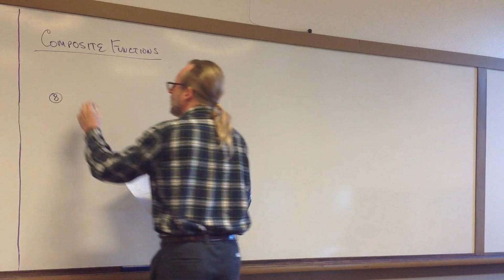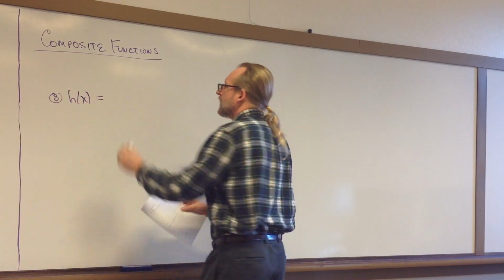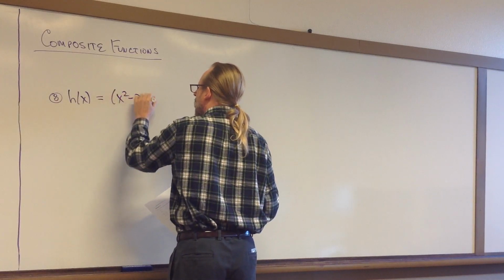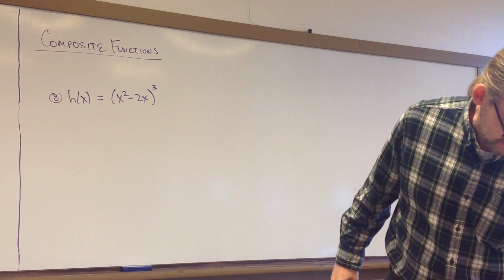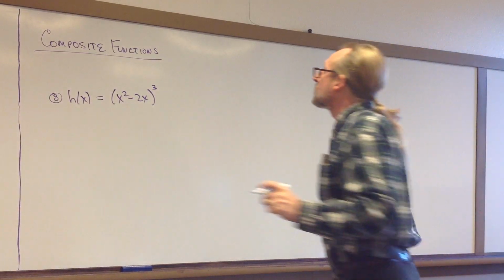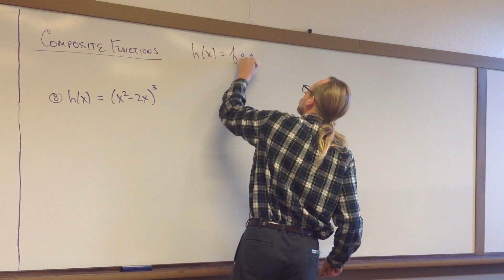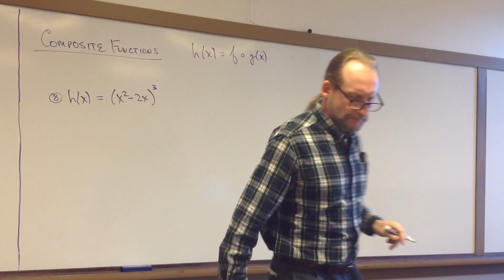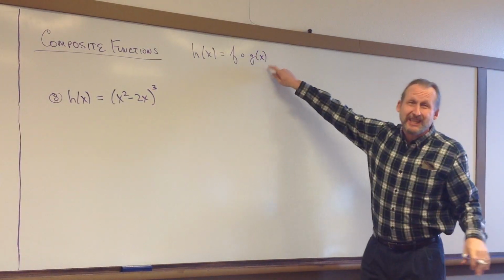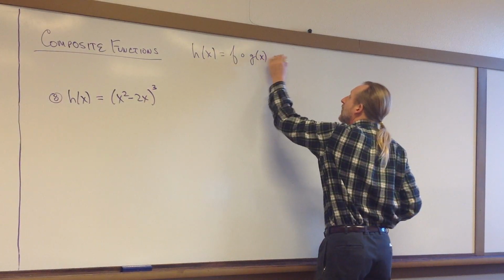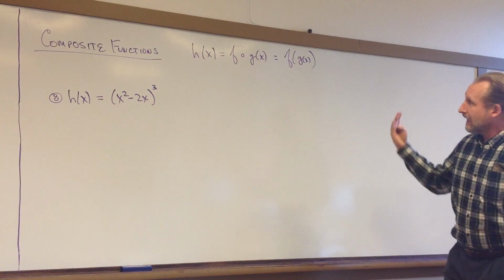So h of x in this case is x squared minus 2x, to the third power. Well, we want to make this h of x equal to f on g. A lot of times when I'm teaching calculus, I call g the interior function and f the controlling function, or exterior function.